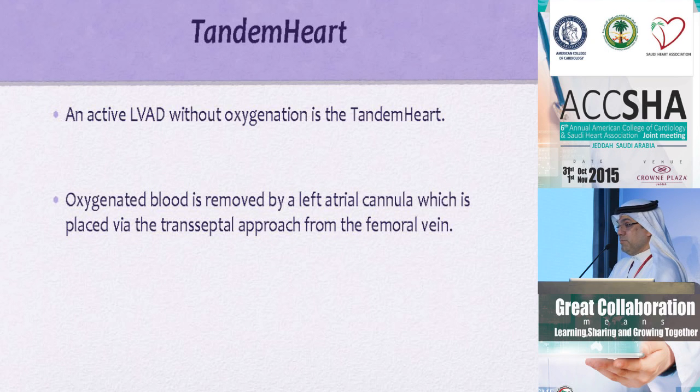And the Tandem Heart, as I said, is a rotatory pump machine that you attach to the thigh of the patient, but you use a left atrial cannula where you go through the vein and you go transseptal, and you sample the blood from the atrium, not from the ventricle, and you pump the blood back, increasing the cardiac output.